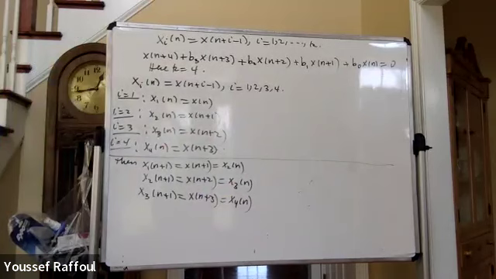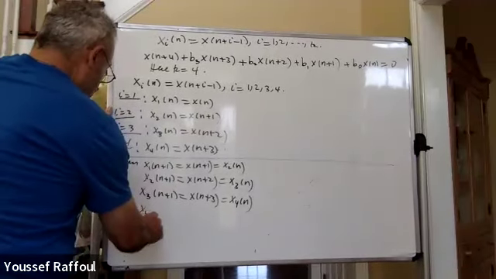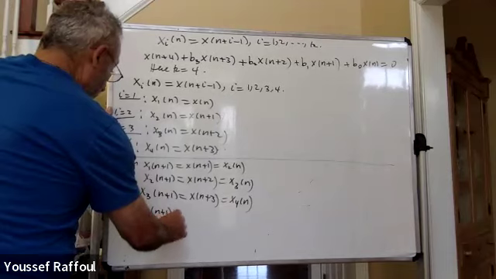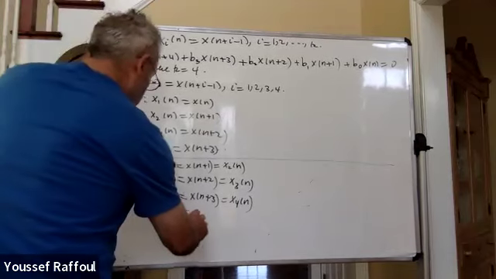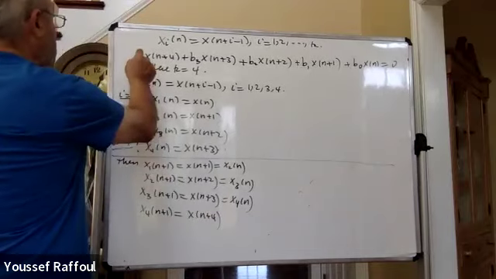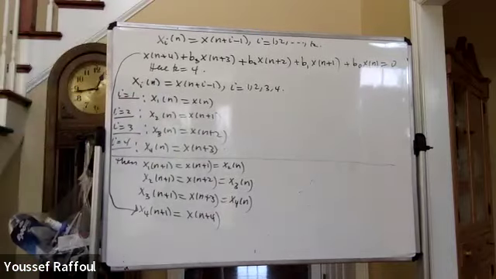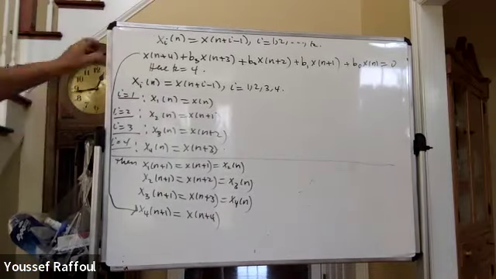Okay? And then finally, x4 of n plus 1 equals x of n plus 4. And now let's take a look at here. What is x of n plus 4?